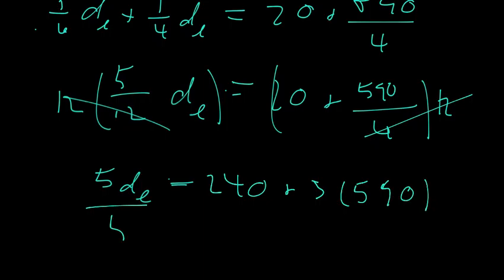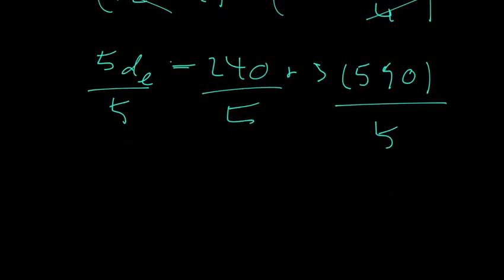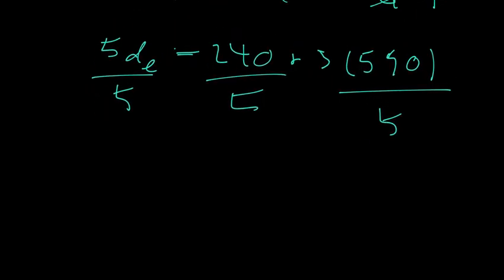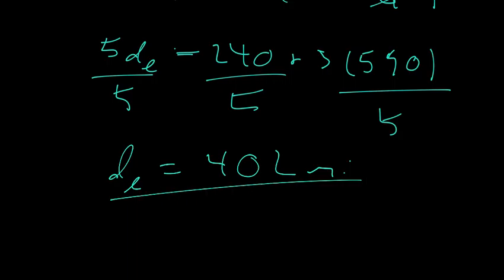Then we divide by 5 on both sides. I'll leave it to you at home to check this, but you should get that d sub L is equal to 402 miles. But we're not done yet.